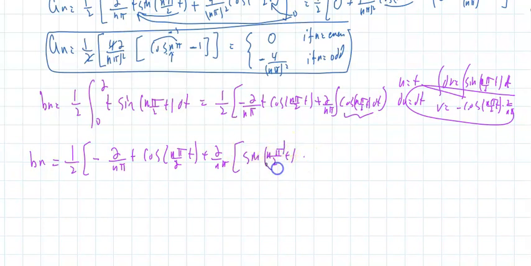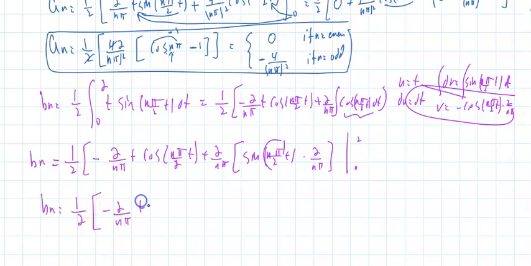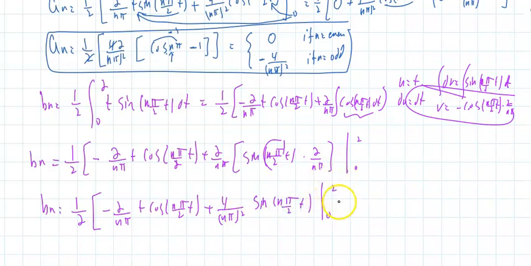When I divide by the constant, that's multiplying by 2 over n pi, evaluated from 0 to 2. That's going to equal 1 over 2 times negative 2 over n pi t, the cosine of n pi over 2 t, plus 4 over n pi squared times the sine of n pi over 2 t evaluated from 0 to 2.